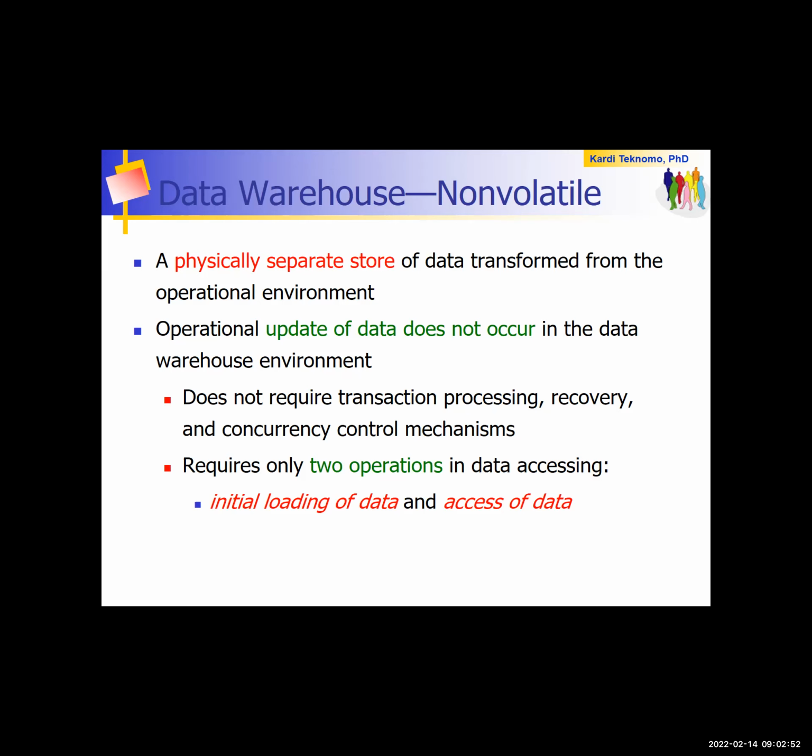For each transaction, you need to lock, and then you release again, and then the other transaction will enter, right? But this will not happen in the data warehouse because the lock mechanism is not required here. So in that case, you only have two operations, which are the initial loading of the data and the access of the data. Up to here, is there any question?